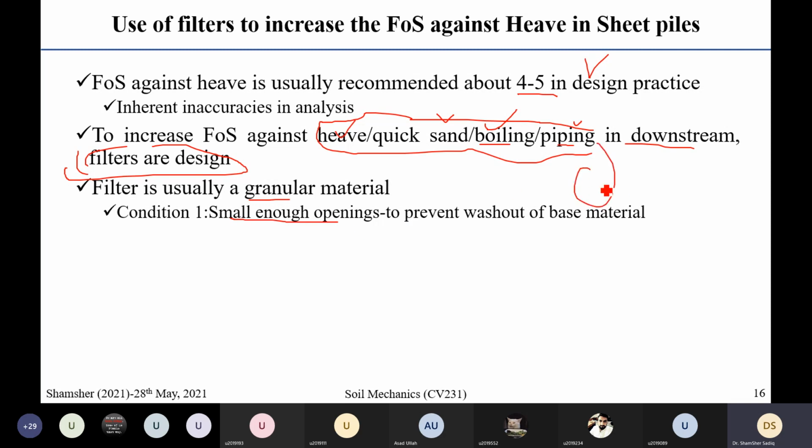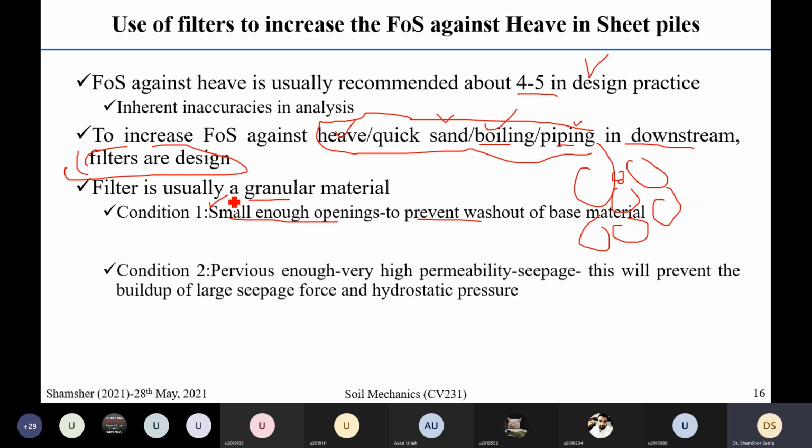For example, if this is a very large gravel, to have high permeability, then you also need to have small particles inside, so that when seepage happens, the water tries to wash out the dam and the structure soil particles. You do not want the washout of the base material. So you want to prevent that, and for that you need small enough openings. I will explain it in detail in the next slide.